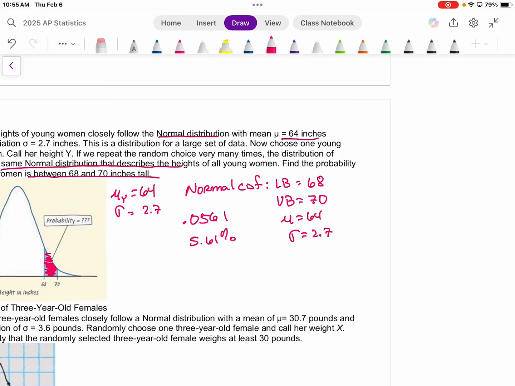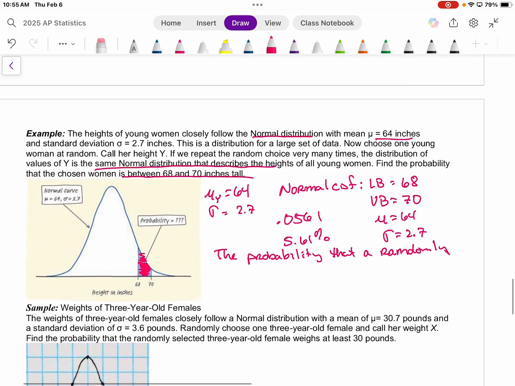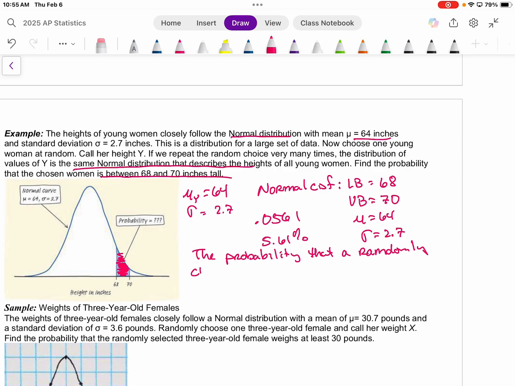The probability that a randomly chosen woman has a height between 68 and 70 inches is 5.61%.